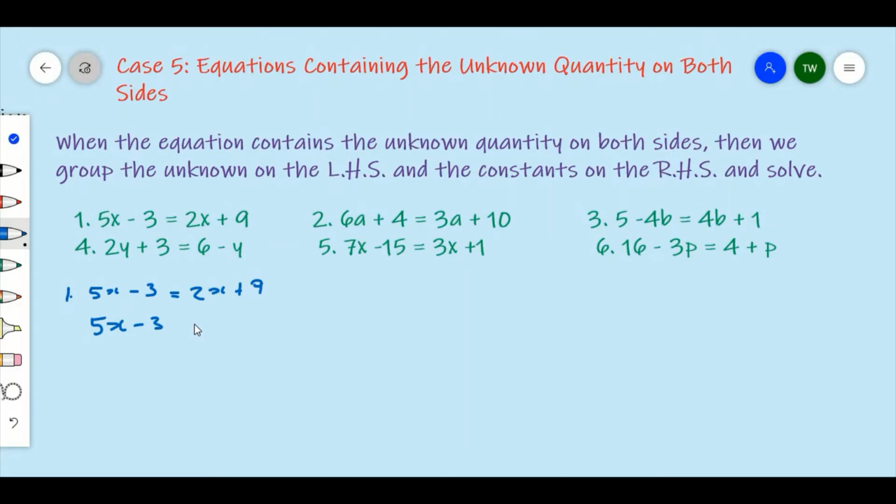We're going to leave a little bit of space, put our equal, put back our 2x plus 9. Now in order to get rid of 2x, we need to subtract 2x from both sides. So I'm going to use the red pen to show it. So we need to subtract 2x from this side. And we also need to subtract 2x from this side as well.